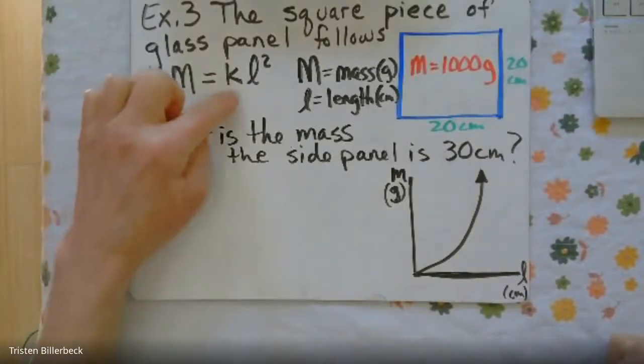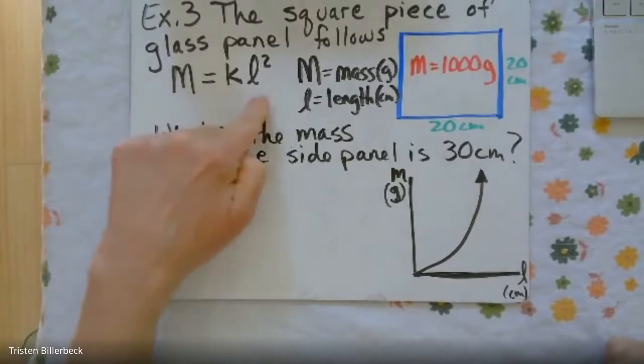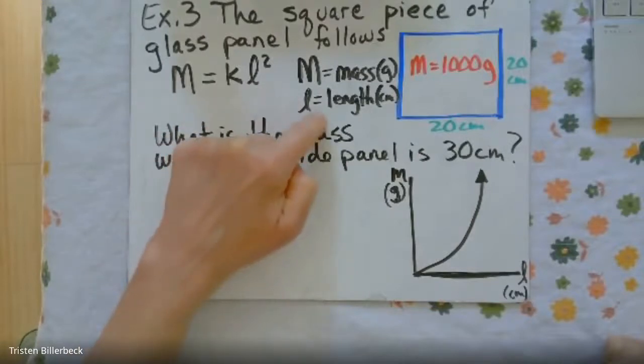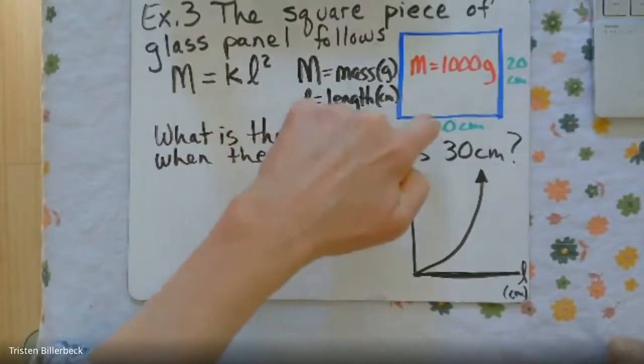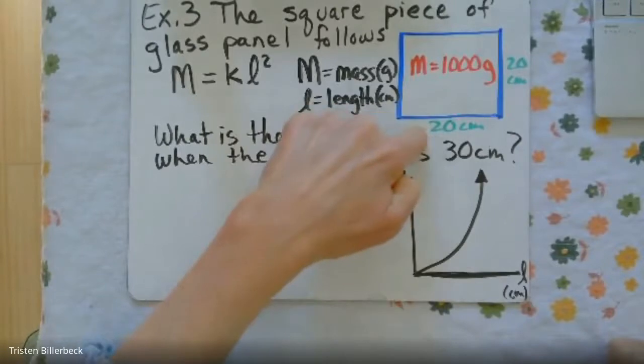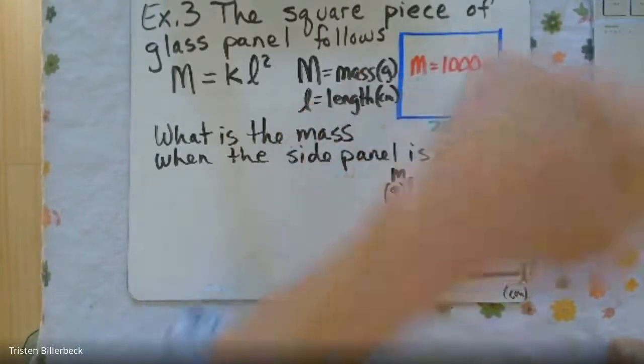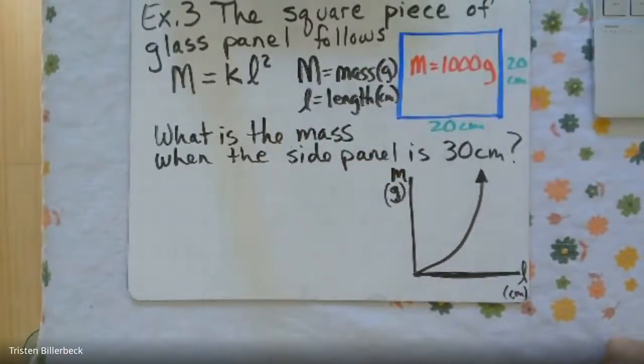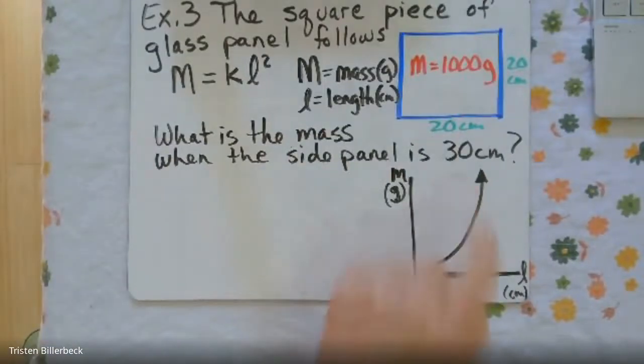The mass equals a constant of proportionality times L squared, which is the side squared, the length of the square. So it's a square, so we know that this side equals that side. Okay, so we want to know what the mass is when the panel is 30 centimeters.